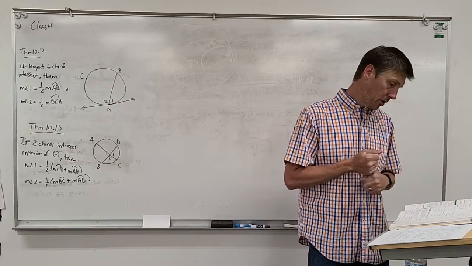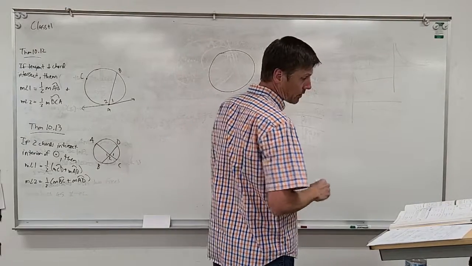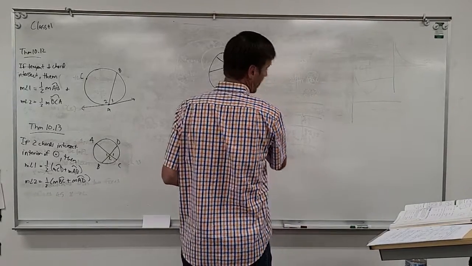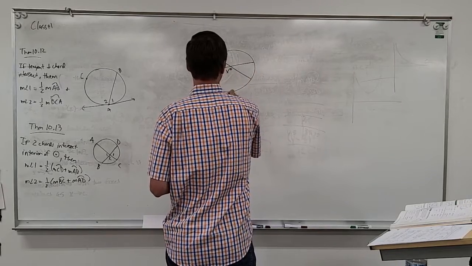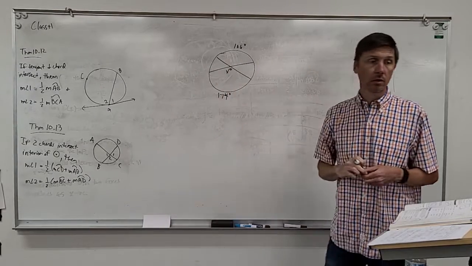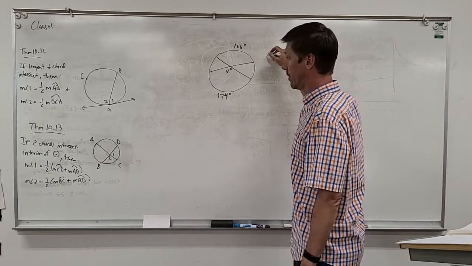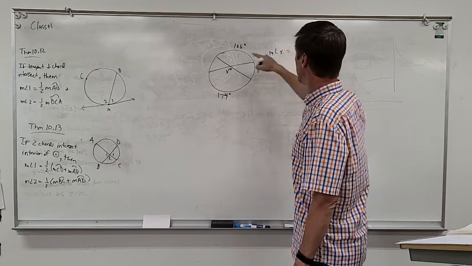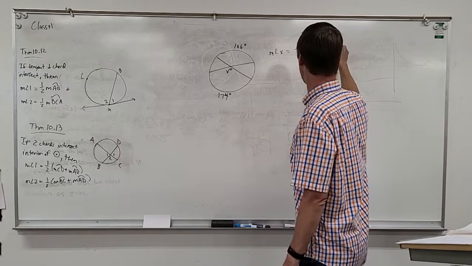So let's do a problem that looks like this. They tell us that we've got something that looks like that, and they say this is X degrees, and this is 174 degrees, and this is 106 degrees, and they just said find X. Then we could say, just plugging in that theorem directly, the measure of angle X is going to be equal to 1/2 this arc, which is 106, plus the other arc, which is 174.